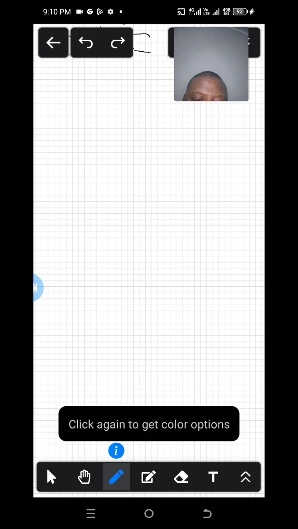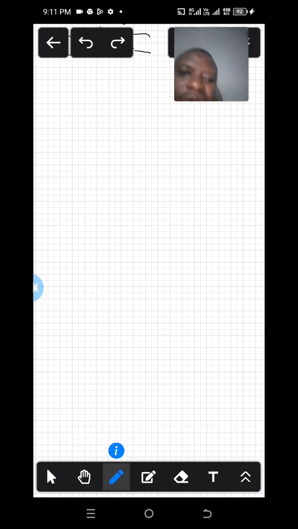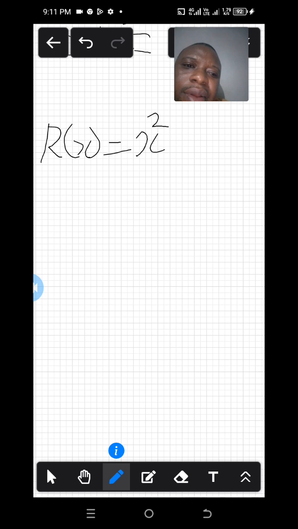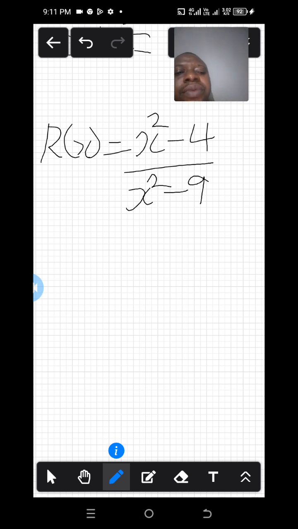So let us write the question first. The question says that r of x equals x squared minus 4 divided by x squared minus 9. So vertical asymptote is gotten where we equate the denominator to be 0.